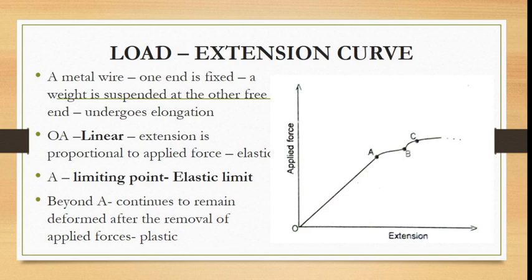So how can we define the elastic limit of a material? The elastic limit of a material is the limit within which the applied force and the extension are proportional to each other, up to which the extension or elongation produced is proportional to the applied force. That point is known as the elastic limit.